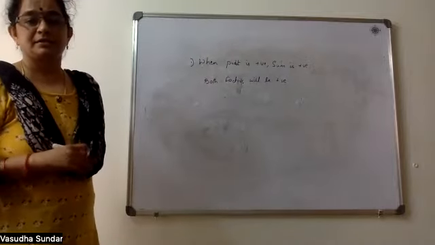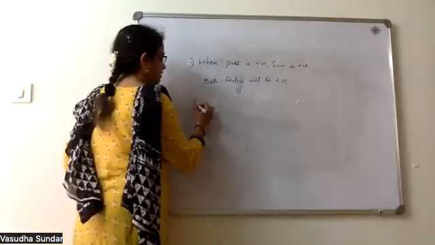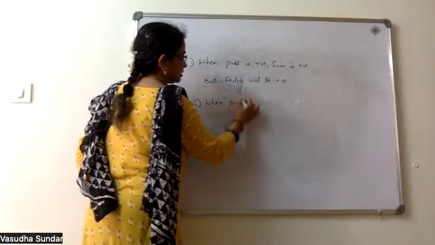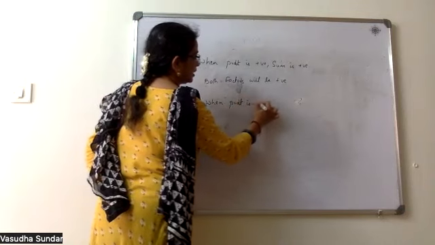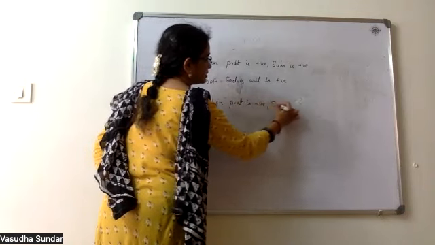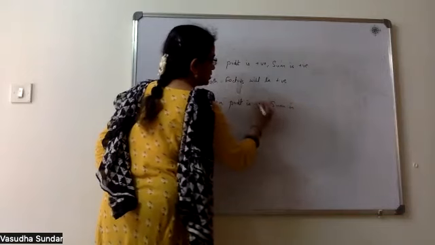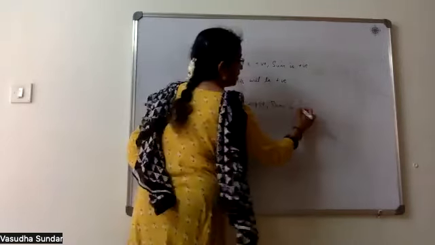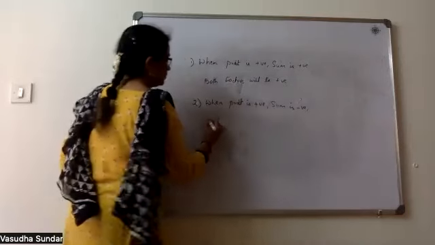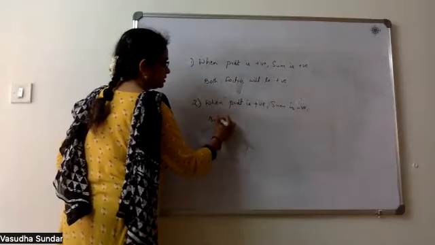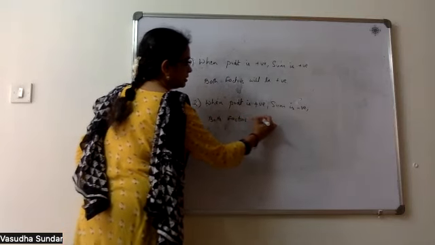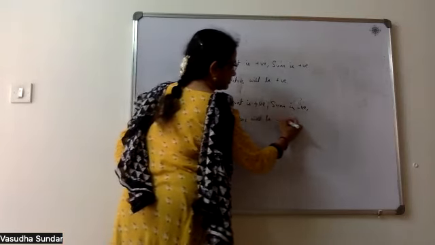These are guidelines. Okay. Then when product is positive and sum is negative, both factors will be negative.